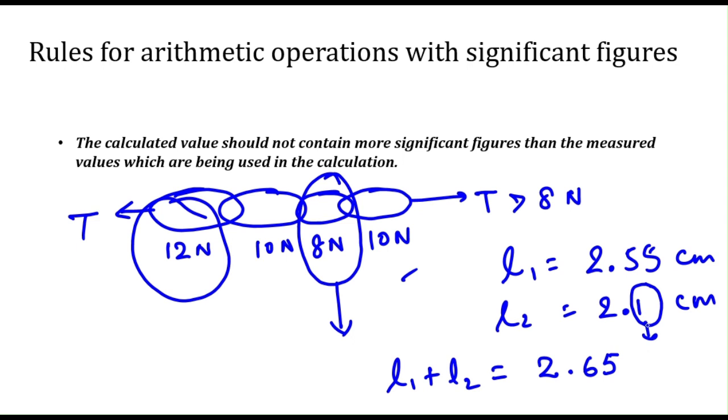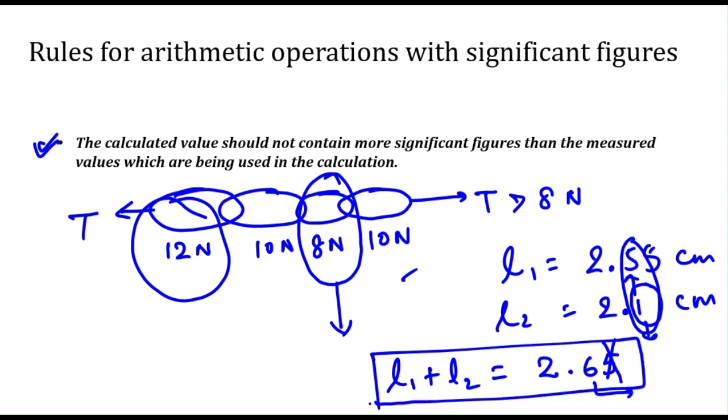So if this is the uncertain digit in the second measured value, then we are going to add this to this 5, and then after adding this we have the uncertainty here. So this is the uncertain digit in the final result, so no need to keep the digits beyond this. This is what we are going to say: the calculated value should not contain more significant figures than the measured values. So in this way, we are going to retain the number of significant figures after arithmetic operations.